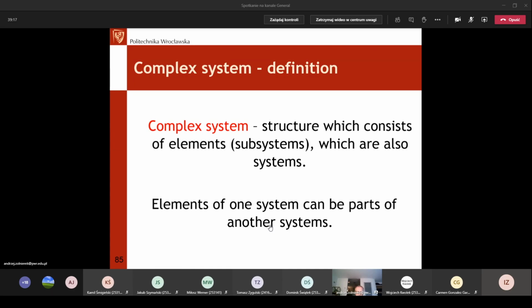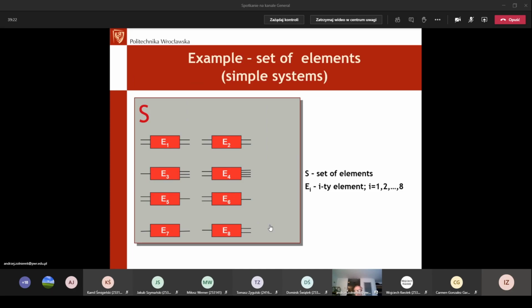So, structure, of course, we have elements, and the elements could be of the types you can see on this slide. I mean that there are multidimensional systems, whose elements are multidimensional subsystems or elements. The number of inputs and outputs you can see on this slide.